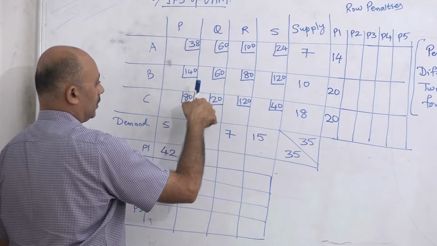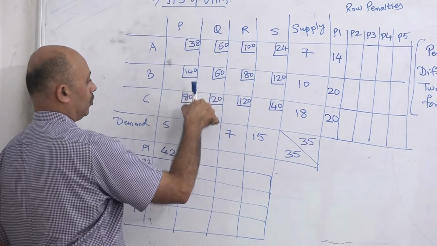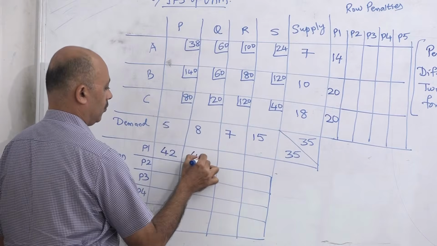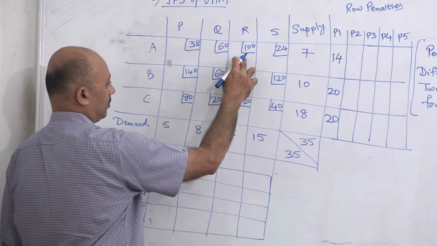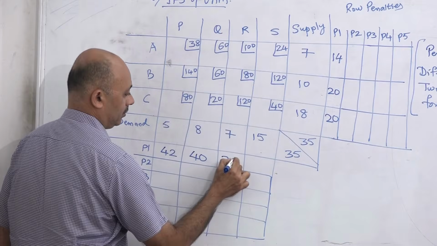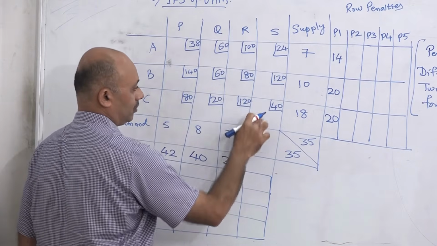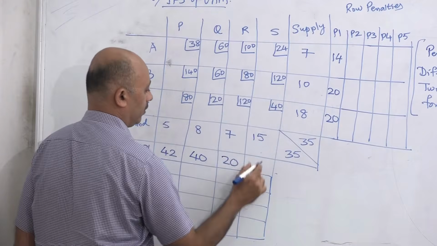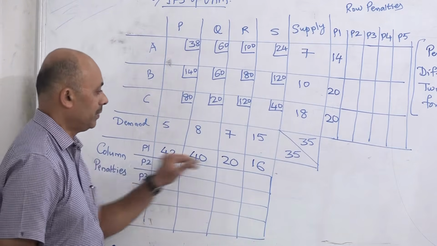Next Q, lowest is 20 and next is 60. Any 60 you can say. So 20 and 60, so the difference is 40. R, minimum is 80 and next is 100. So 80 and 100, penalty is 20. Then S, minimum is 24 and next is 40. So 40, 24, difference is 60. Okay, so now we have calculated all P1.